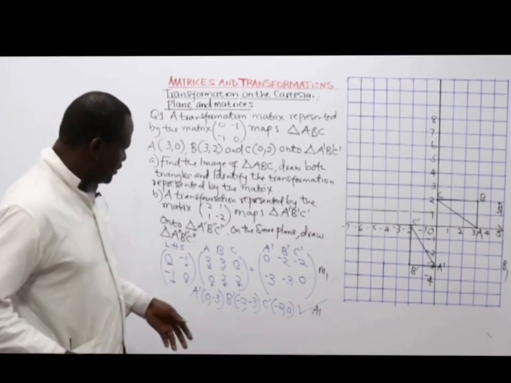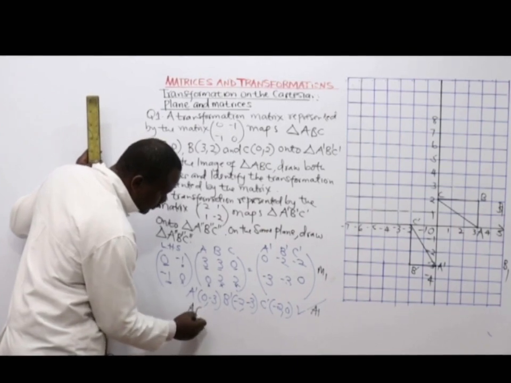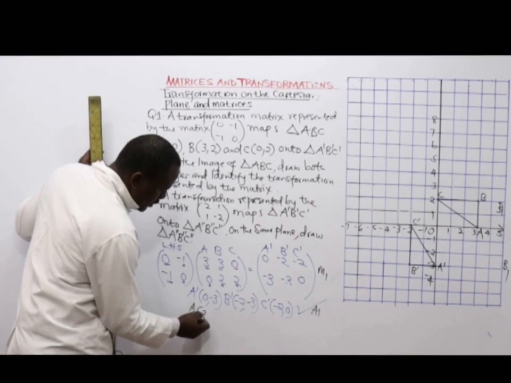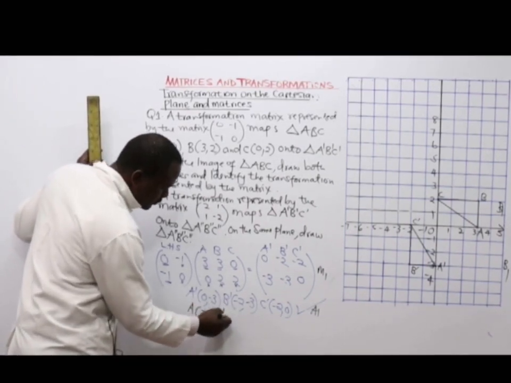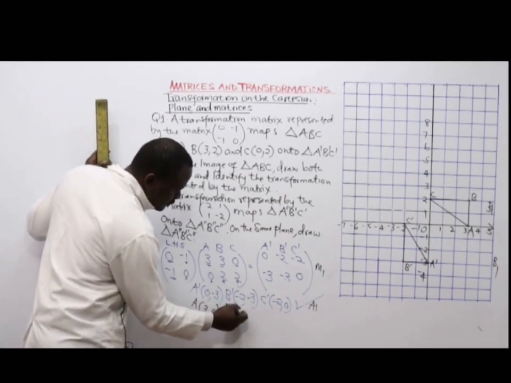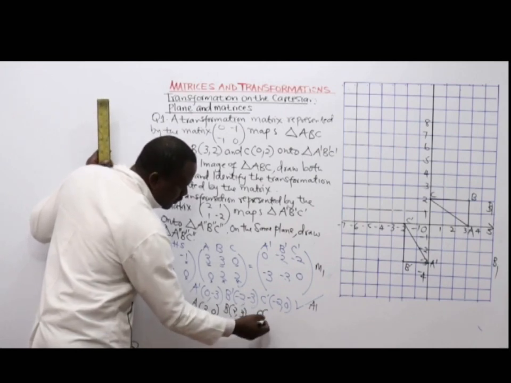So we try to see first from the image (3, 0). There are two ways. B was (2, 3). C was (0, 2).